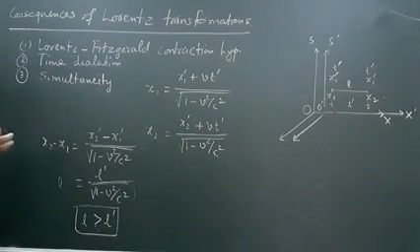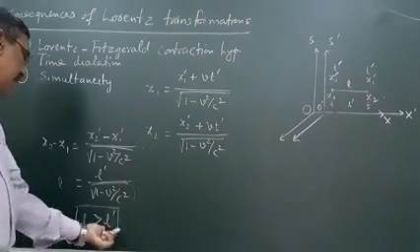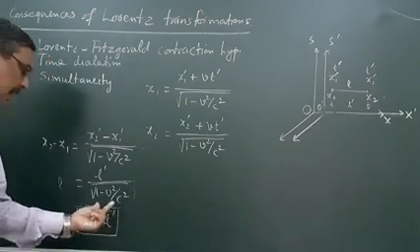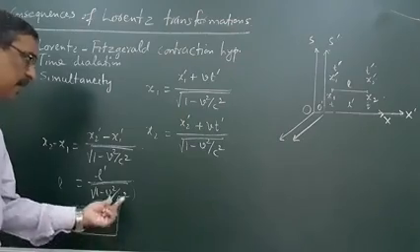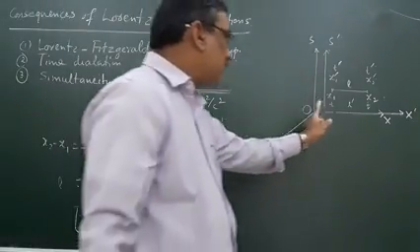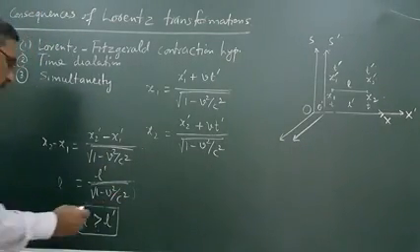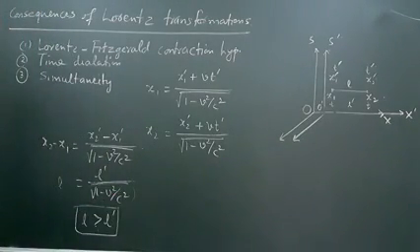So in the first frame, the length of the rod is L, and in the second frame it is L dash. We clearly see that the length of the rod measured by an observer in the second frame, which is moving relative to the first one with velocity v, is always less.